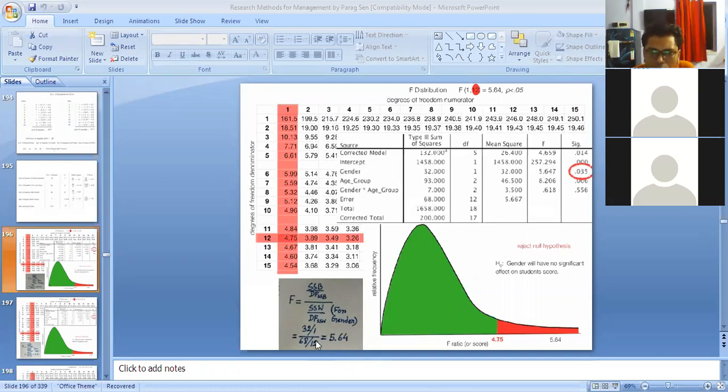The degrees of freedom are 1 and 12, F with 1 and 12 degrees of freedom. So the intersection point is 4.75. So here is the cutoff value, and your F statistic is 5.64. So you will reject the null hypothesis. That means there is enough evidence that gender has a significant effect on the test score.